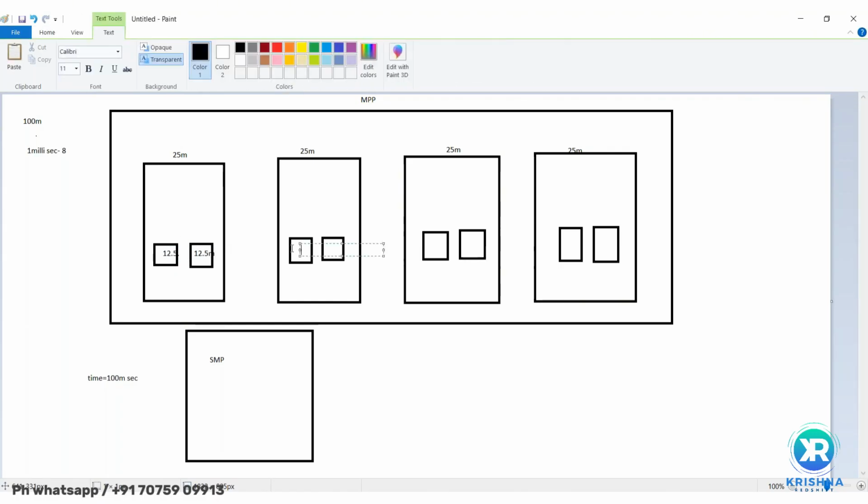So every slice will have 12.5 million. 12.5 plus 12.5 is 25 million.